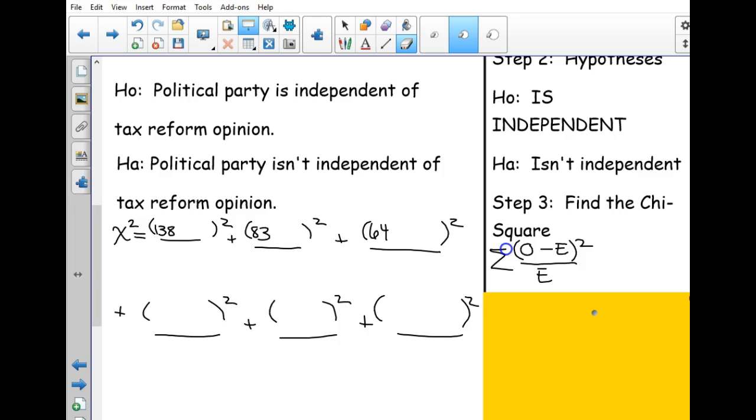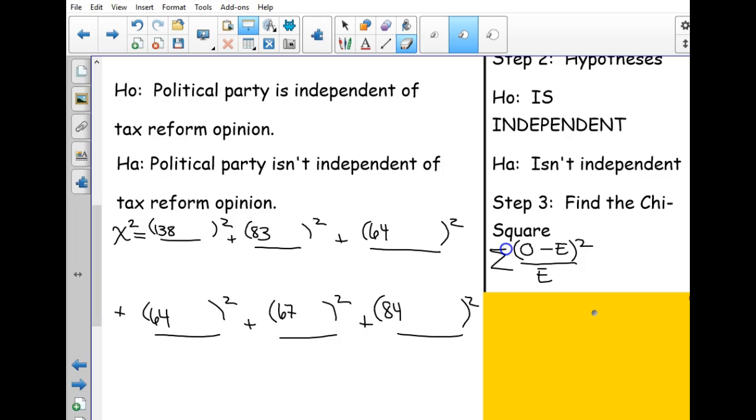Can someone read it to me? Was it 64 again? No. Okay. And the next observation? 67? Yes? 67, okay, and then the last one? 84. Can I get someone to read off the expected for me nice and clear?